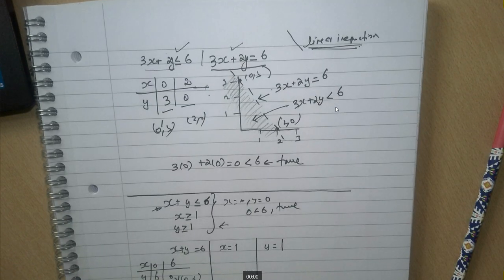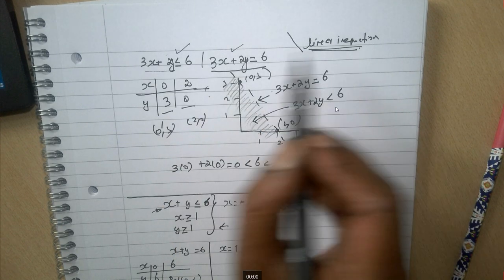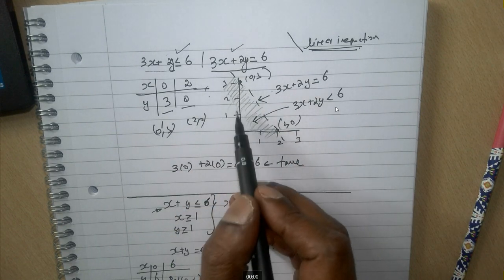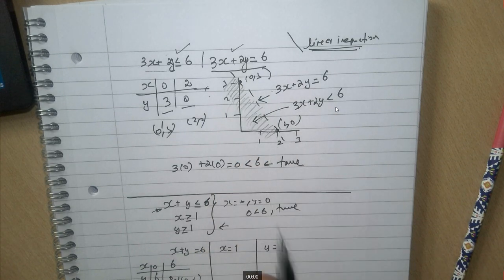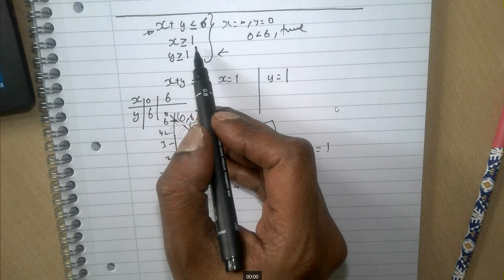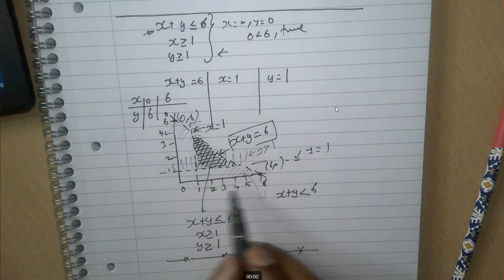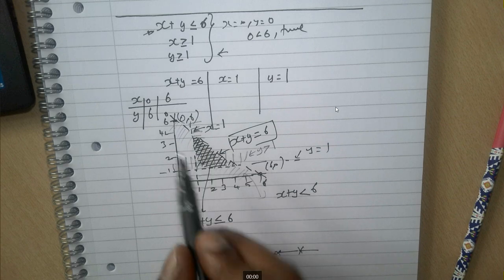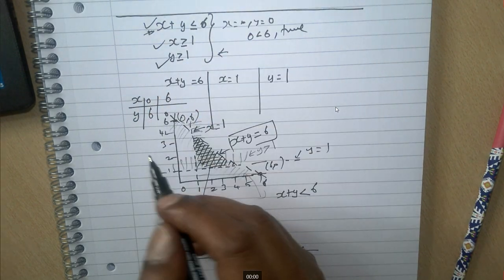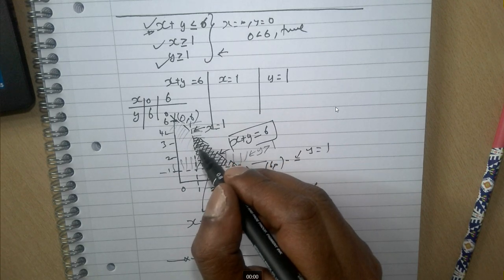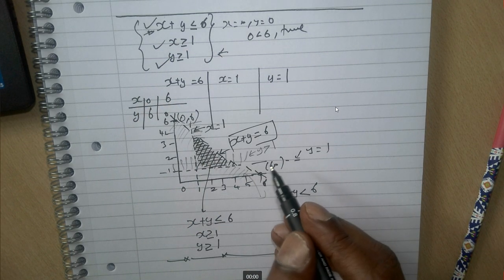So these are the steps. We need to convert a linear inequation into a linear equation, and then we try to plot them. We try to identify some region where these equations hold true, and when we have more than one constraint, we still try to plot all the constraints on a piece of graph paper, and then we try to find the region where each of these linear inequations or linear equations hold true, and then we try to find a common region where all these three conditions meet, or become valid.